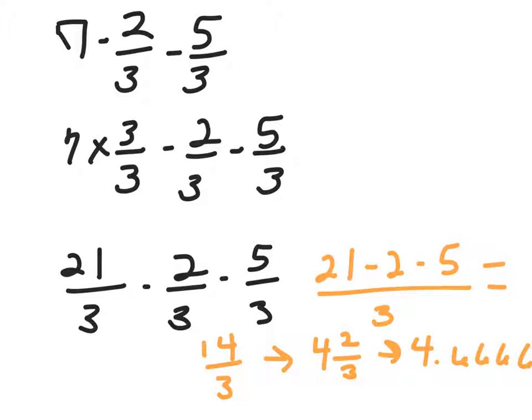With the same equation, I could make the denominators the same, which is, I'll take 7 times 3 over 3, keep the rest of the equation there, and by doing this, I end up with 21 over 3.